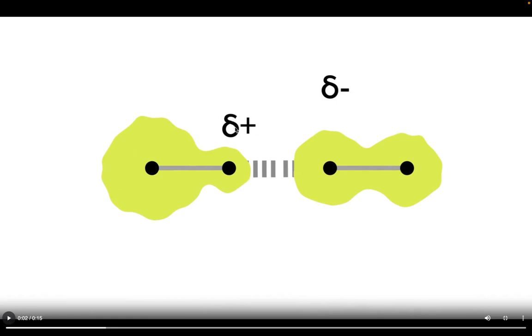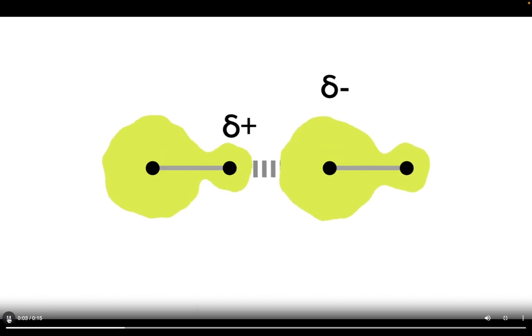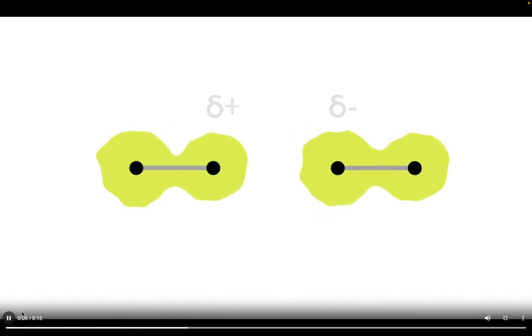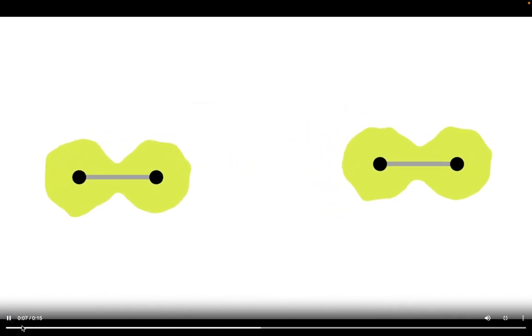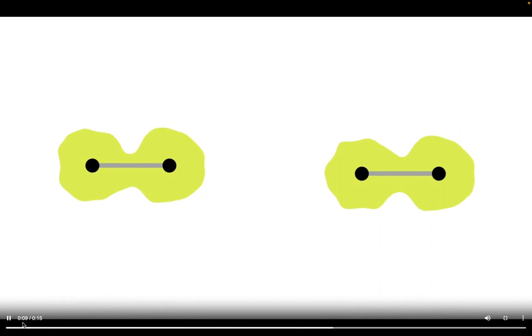You can see that lowercase delta positive and delta negative are partial charges. All of the electrons might run to one end and away from the other end of the molecule, and then it'll quickly shift. So these are temporary dipoles. That's why they're weaker. But the bigger the molecule and the more electrons there are, the more significant this is.